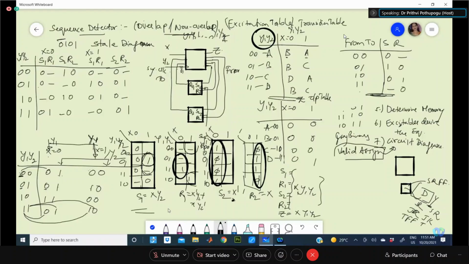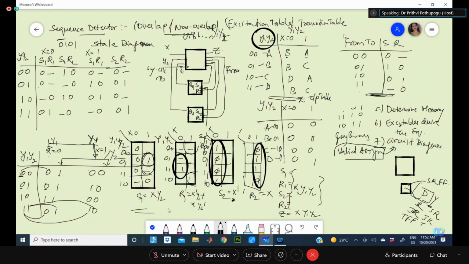Another thing is, if a specific memory is asked, the design equations will be different. The approach will be with the excitation tables, if an SR, JK or T element is asked to be implemented in the memory path. If it is a D flip-flop, simple binary and gray assignment we give and we derive the equation.